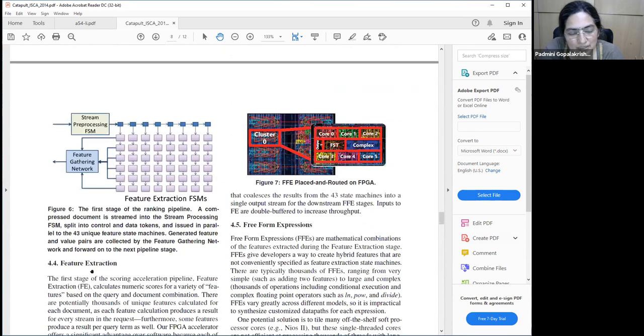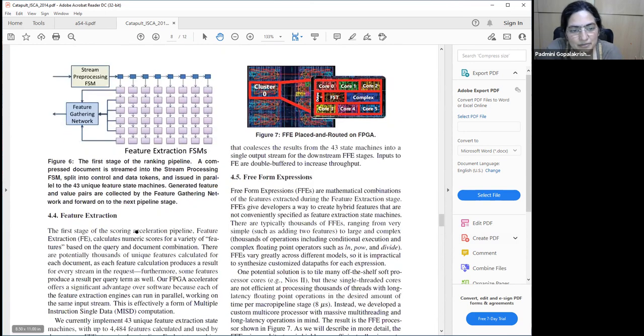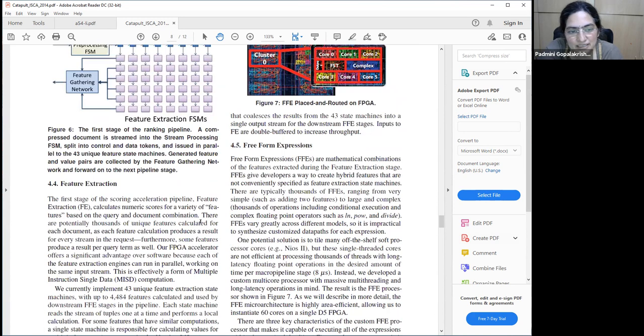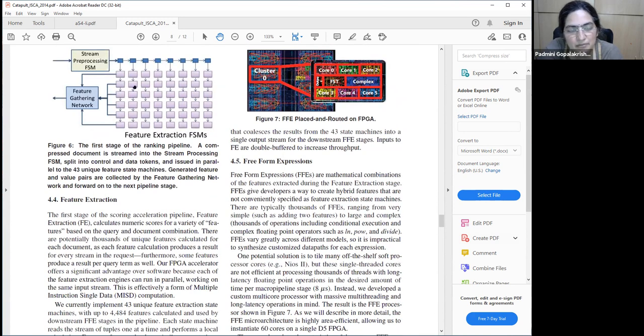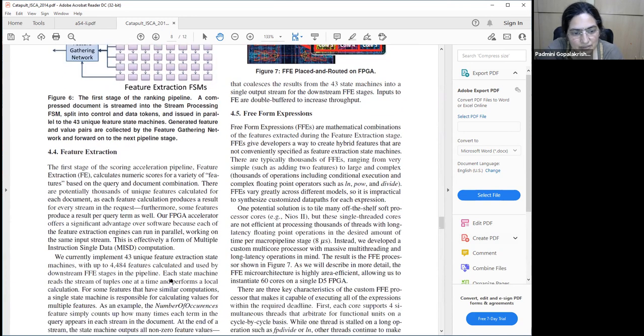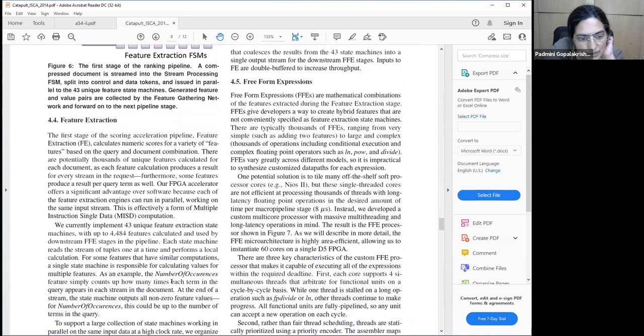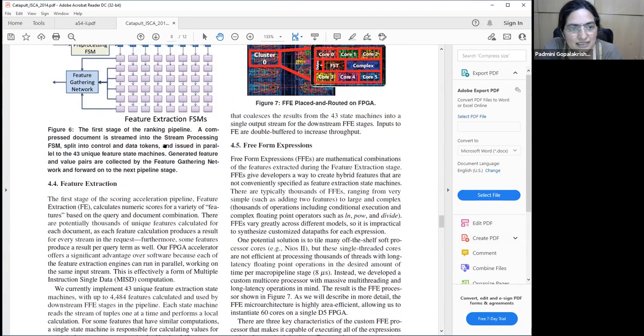So now let us look at the feature extraction. The feature extraction engine basically calculates scores for a variety of features depending on the query and document combination. This is actually a pipeline of finite state machines. They have the number somewhere: it's this array of 43 unique finite state machines.